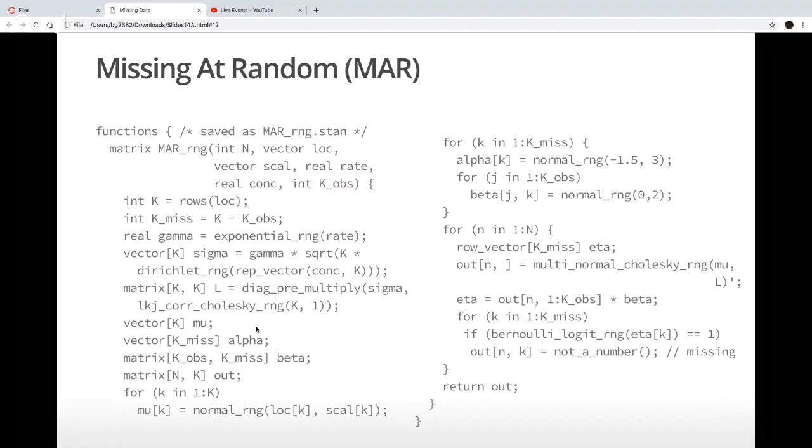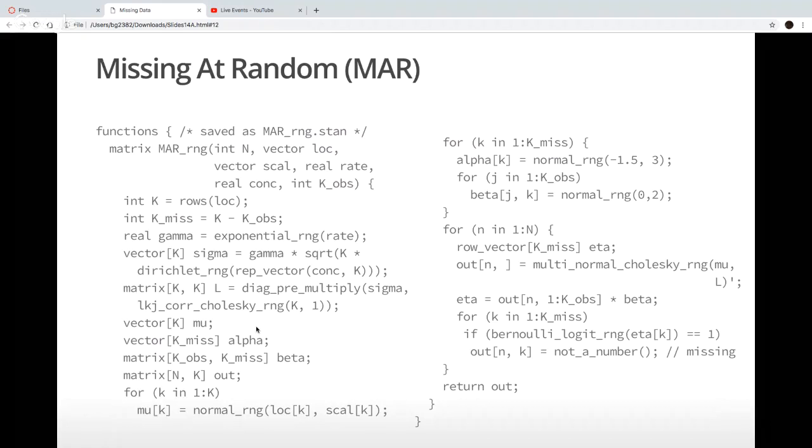So as before, I'm going to generate all k variables, but what's different is I'm going to have one alpha, an intercept, for each of the variables that is subject to missingness, and I'm going to have a k-obs by k-miss matrix of coefficients governing this missingness process. The rest of this is pretty much the same.